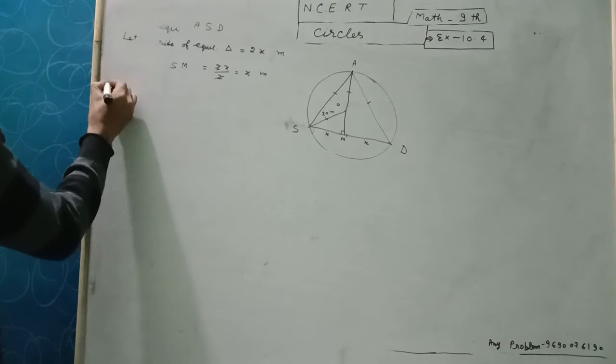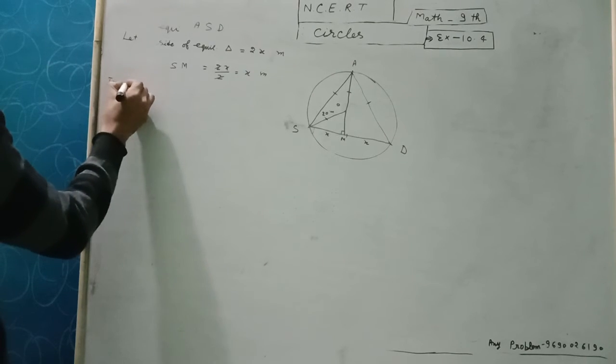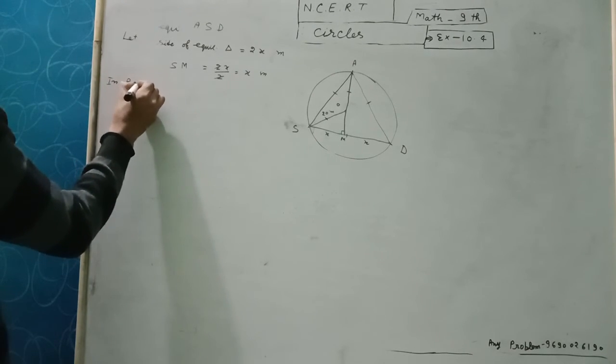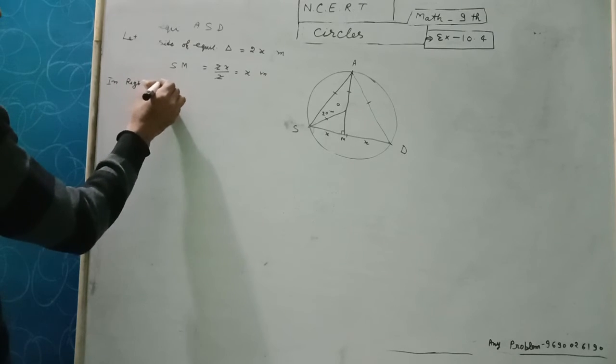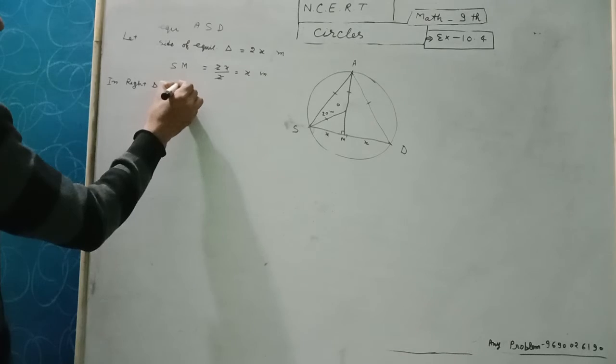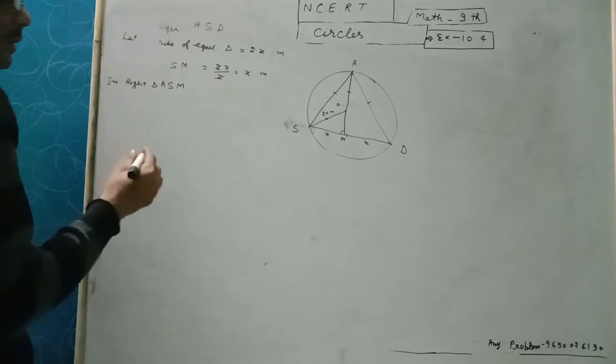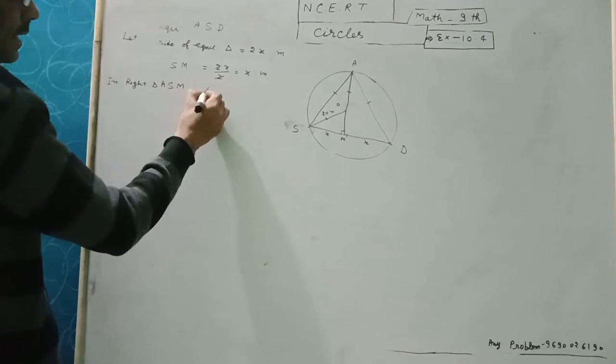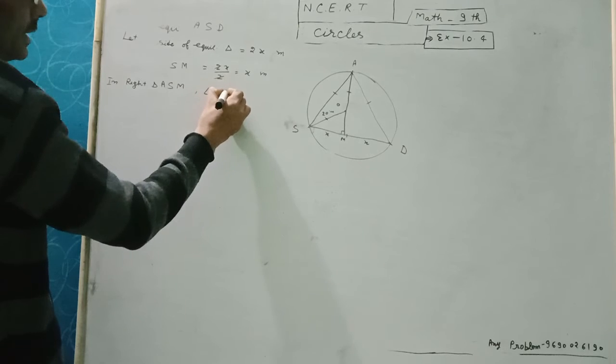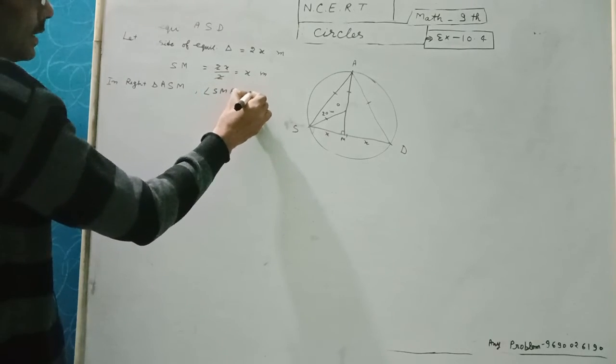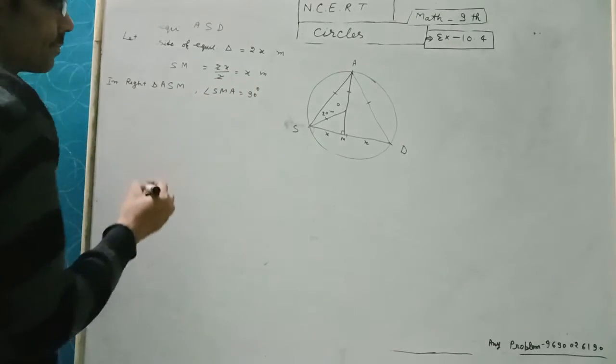At first, in right triangle ASM, angle SMA is equal to 90.